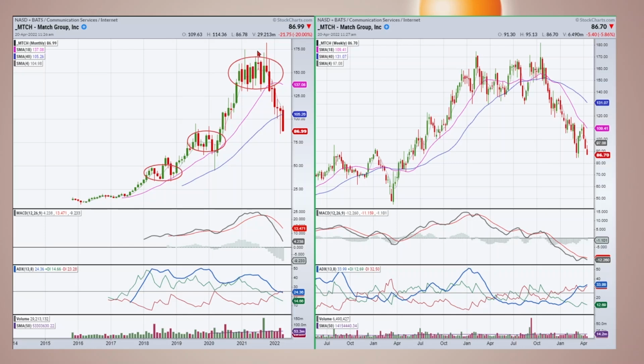Now, these pools of money are essentially an area where we have an equal number of buyers and sellers, causing a stock to consolidate and work sideways. These are the types of areas that can launch moves in both directions, depending on which way the stock goes. But if you know where those are, you want to try to initiate trades as close to those pools of money as you can.